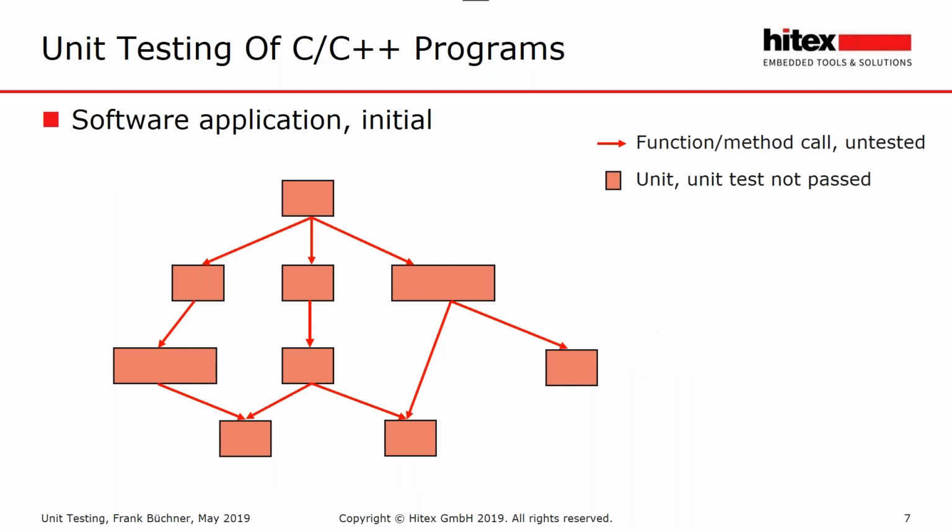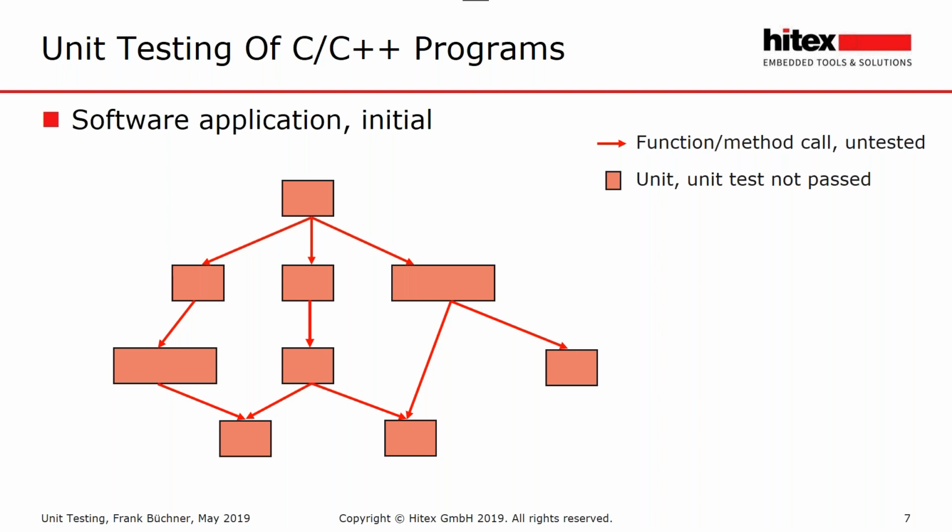Having this, we can think of a software application as looking like this. Red rectangles represent the functions or methods, or the units. Currently, they are displayed in red because they are not tested until now. The red arrows represent the calling hierarchy. And if we delve deeper into the topic, we can think, what does unit testing mean for such a unit?